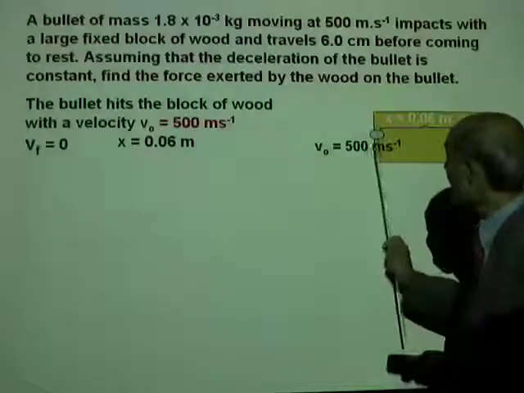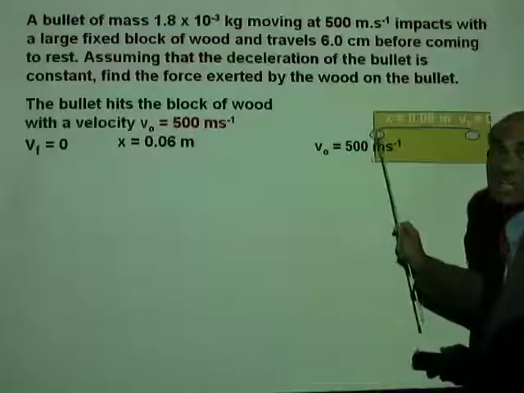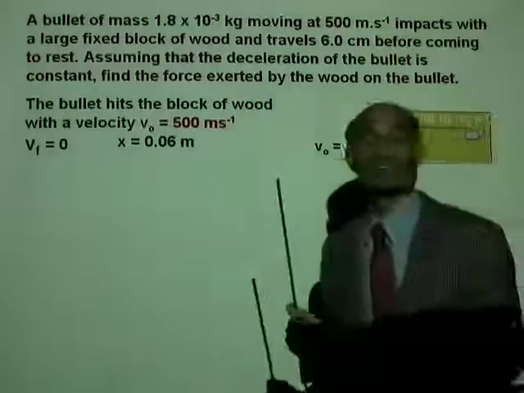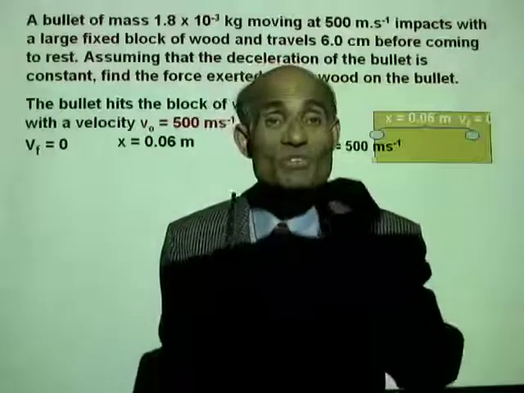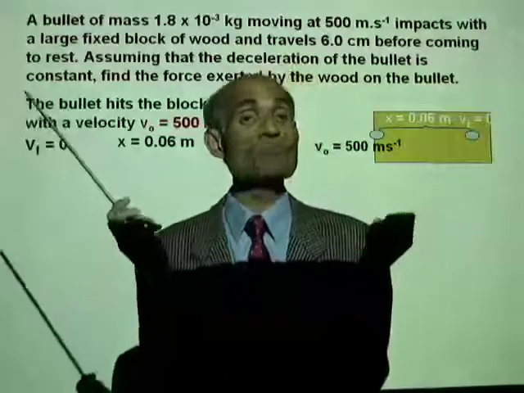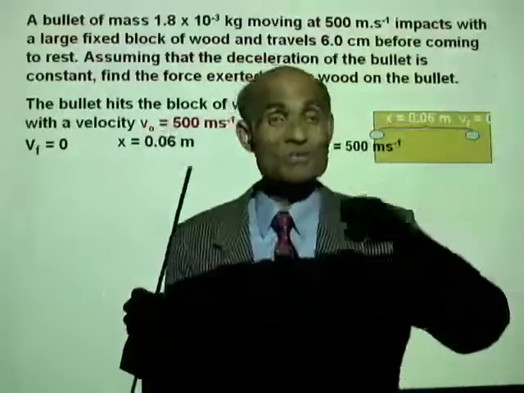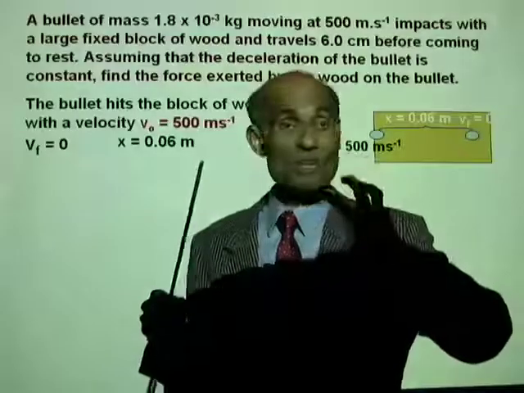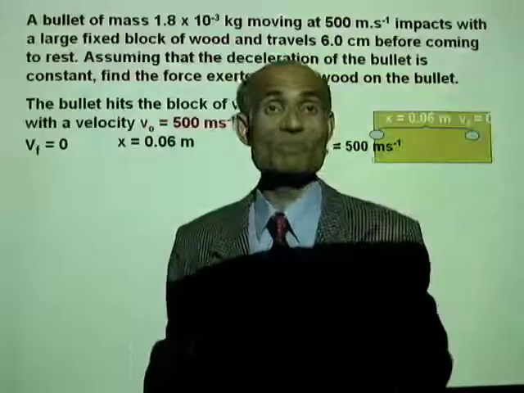Well, you have the initial velocity, final velocity, displacement. Can you calculate the acceleration of the bullet? What equation will you use? Now remember, all the equations of motion that we developed in Unit 1 are going to be used here. Without those equations, we cannot survive. So you must be familiar with them.